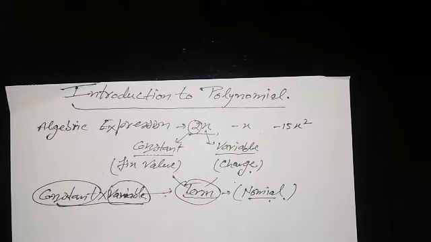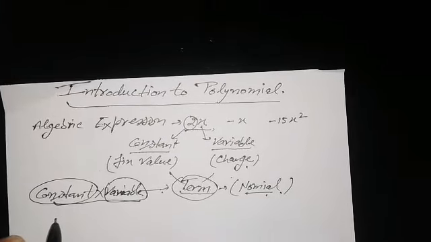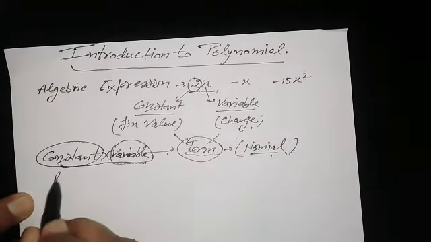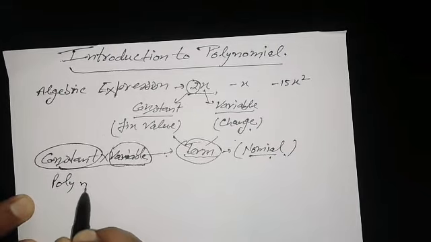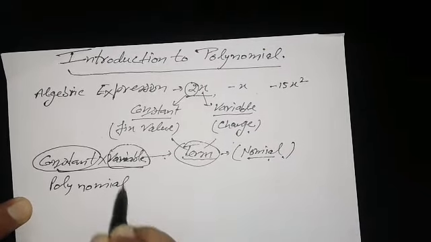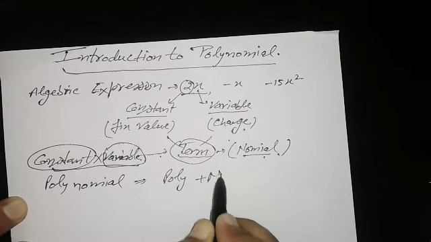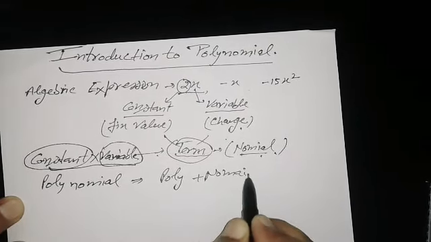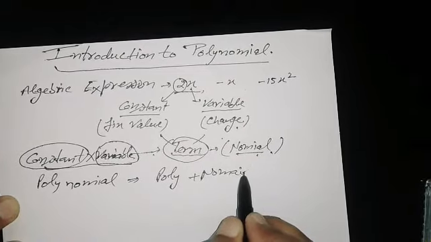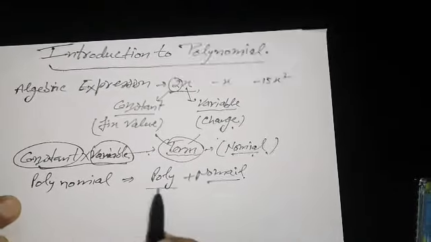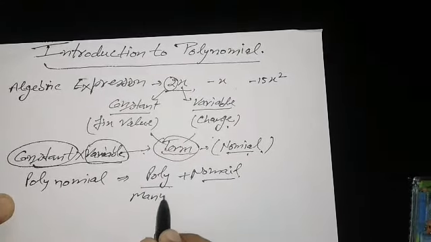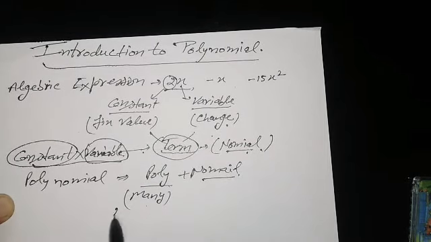So if you break the word polynomial, poly plus nomial, then what does poly mean? Poly means many, more than one, you can say.